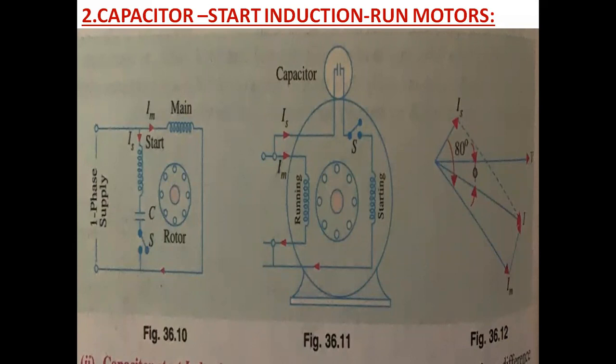If you provide the necessary phase difference, what happens? The rotor will rotate, because the phase difference between the two windings gives a resultant flux.